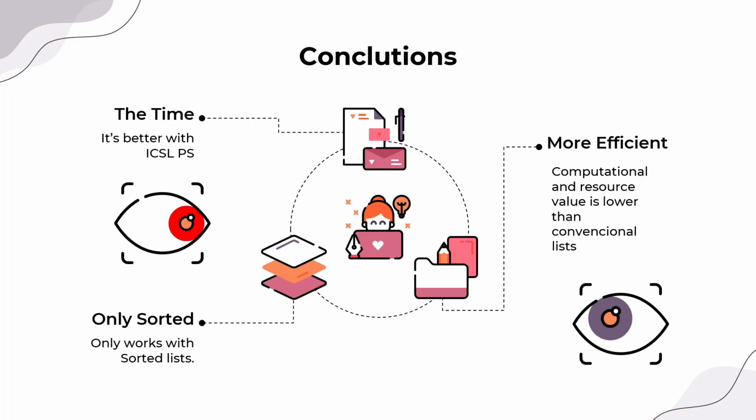And one of the worst things, a disadvantage with respect to a normal list, is that this search method only works with sorted lists. Pretty unversatile for normal situations where we could have disorganized information. But we don't forget that this method is efficient and the time is shorter.